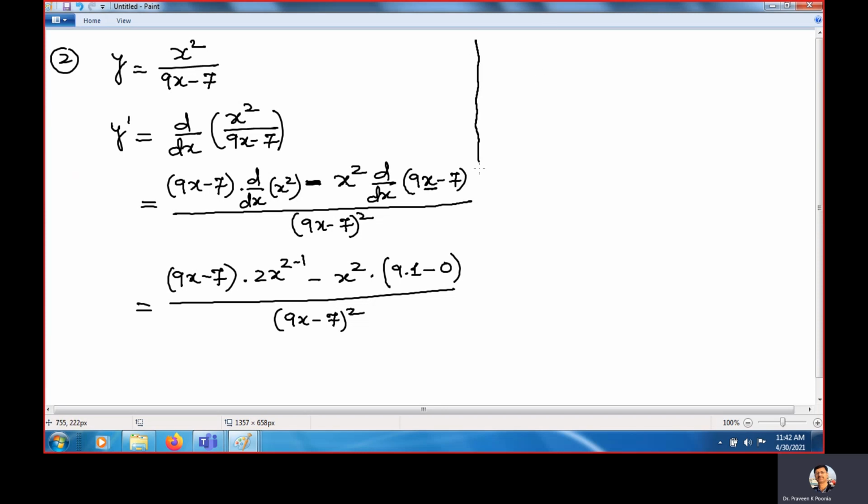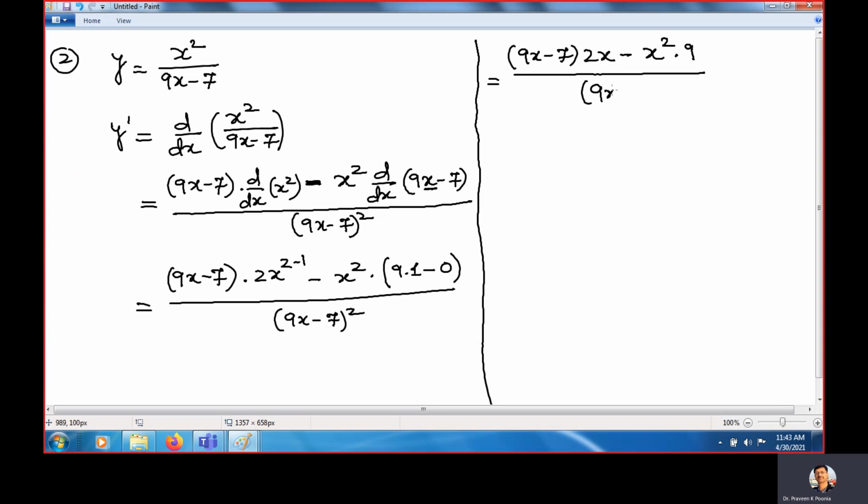So how much are we getting? It is (9x minus 7) times 2x minus x power 2 into 9 into 1, which is 9.